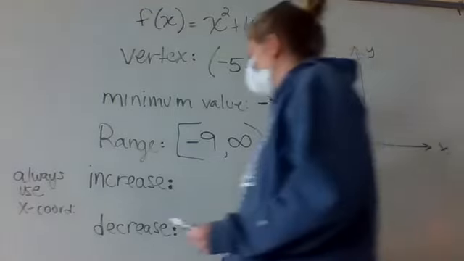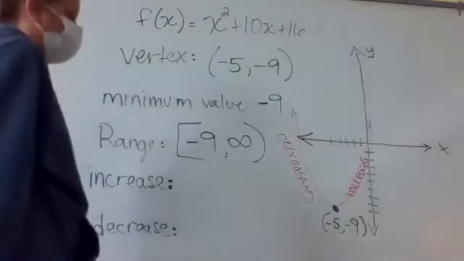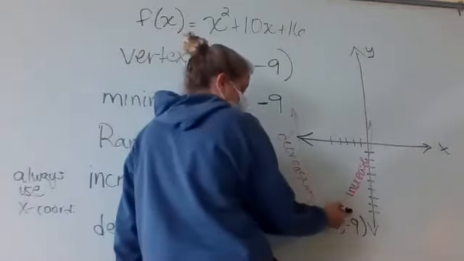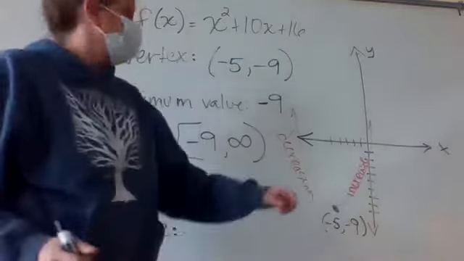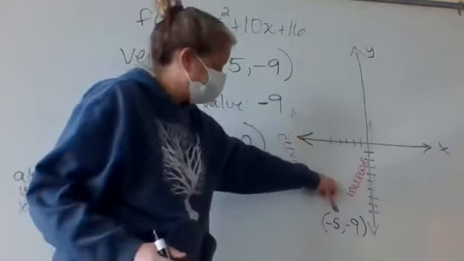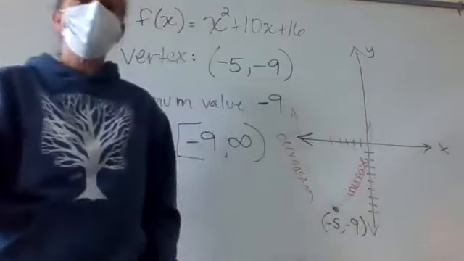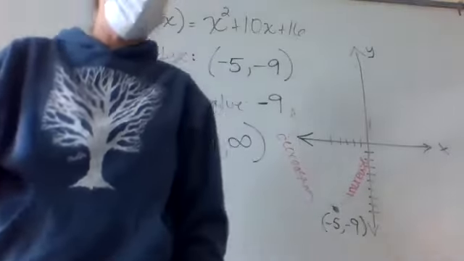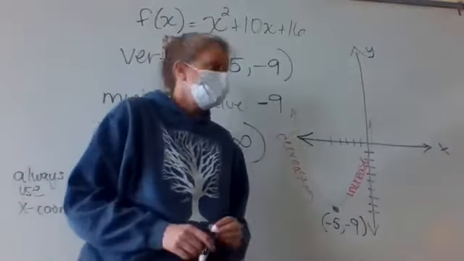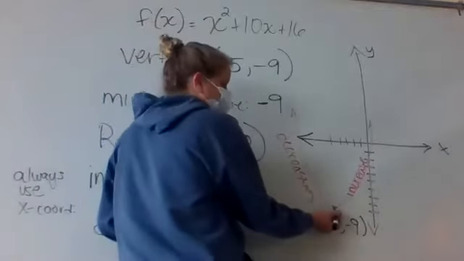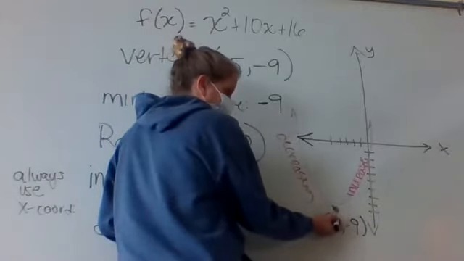So it wants to know, where is it increasing? The vertex is the point where it stops decreasing and starts increasing. So we're going to use the x coordinate of the vertex when we're talking about it. So where does it start increasing?